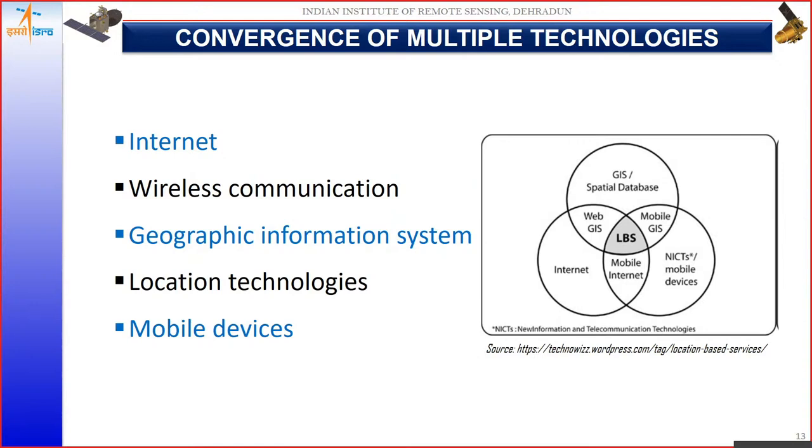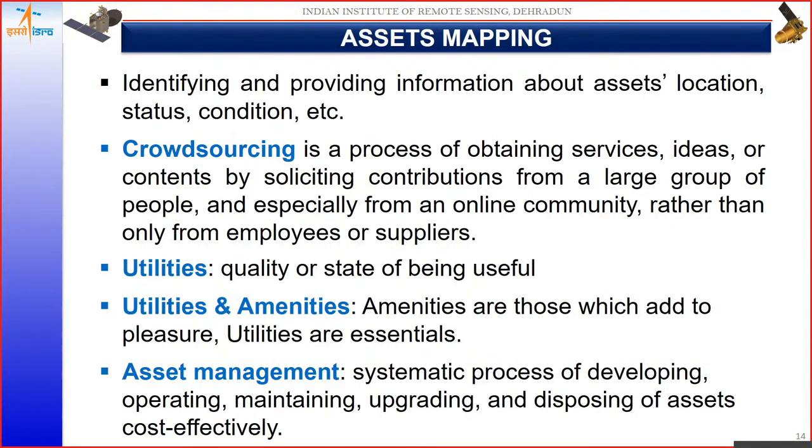So if you have got all these technologies, that is why the convergence, when it happens, helps us to build the service and to do the facilities management. So all this kind of data which we have fetched helps us in the urban areas for assets mapping.